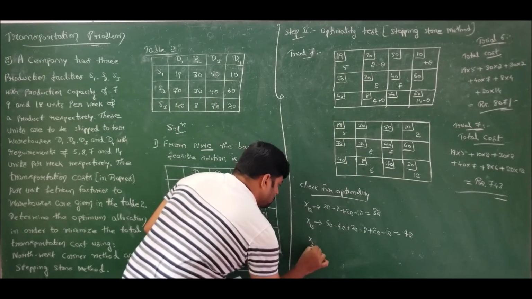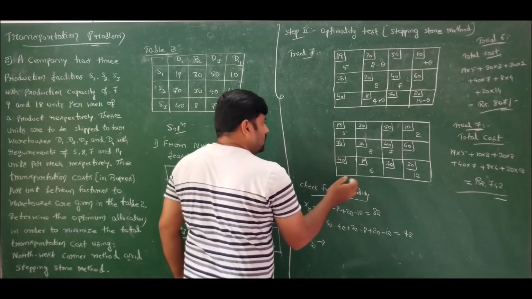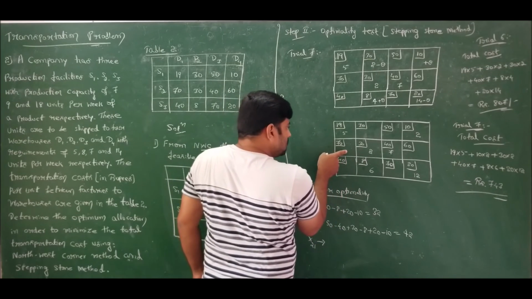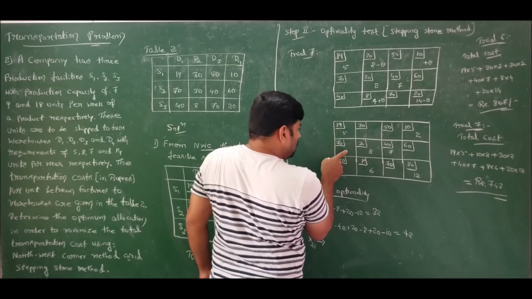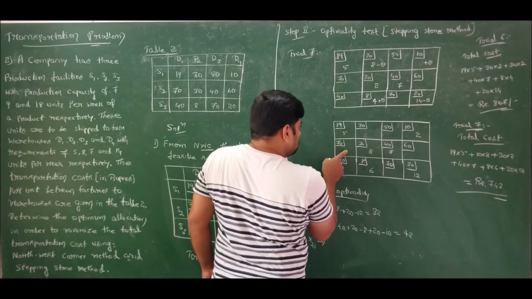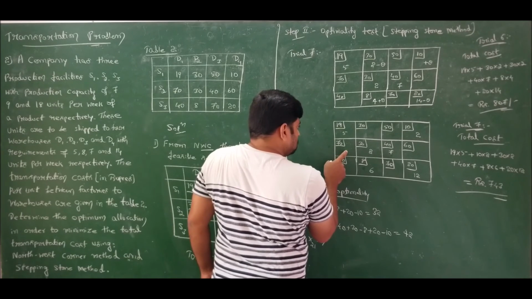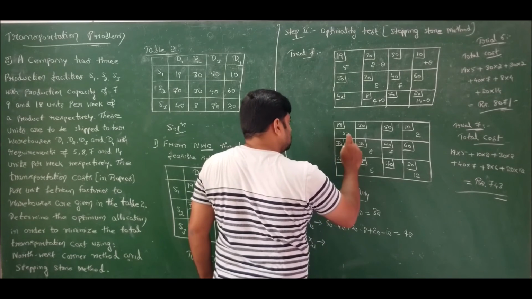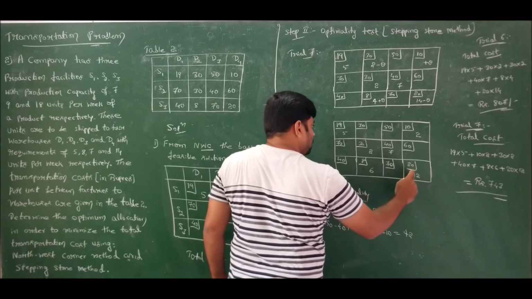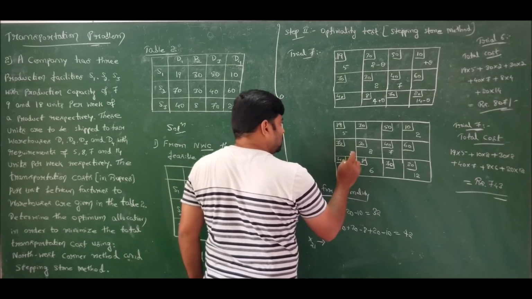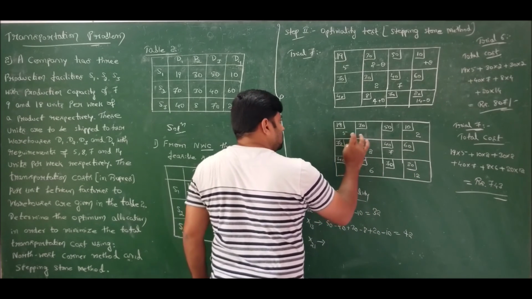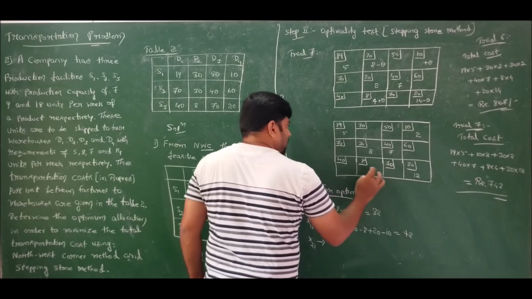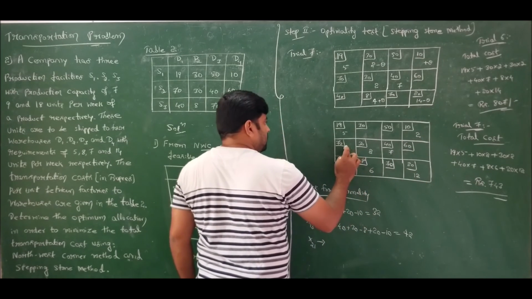Next is here. So go for x21. If I go for x21, I should form a loop. From here I'll go up, then I'll come here, come down, come here, move up and connect. So the loop will be like this. Move to 20, 8, 30 and 70.